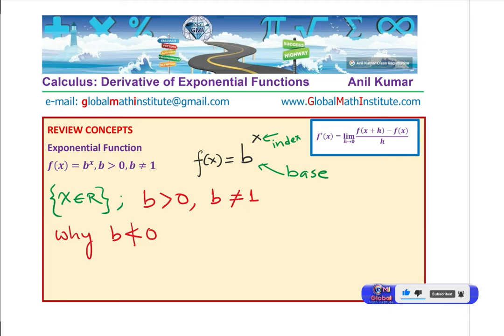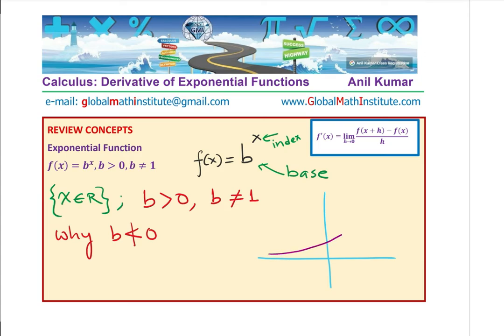Well, the exponential function's graph, if you sketch, will be kind of like this. And that is when b is greater than 1, right? Let's write just that, b greater than 1. So it is growth.